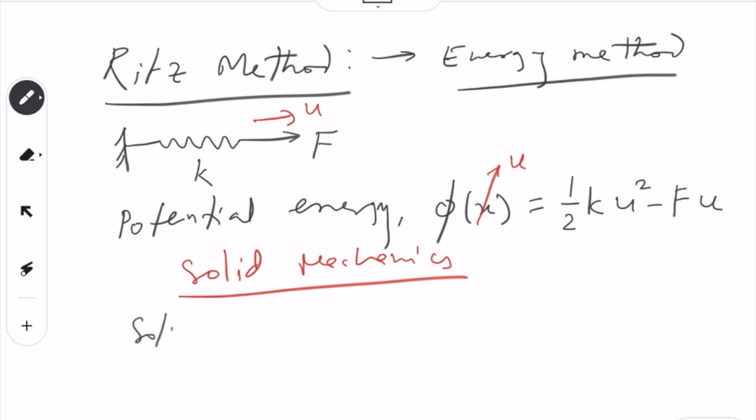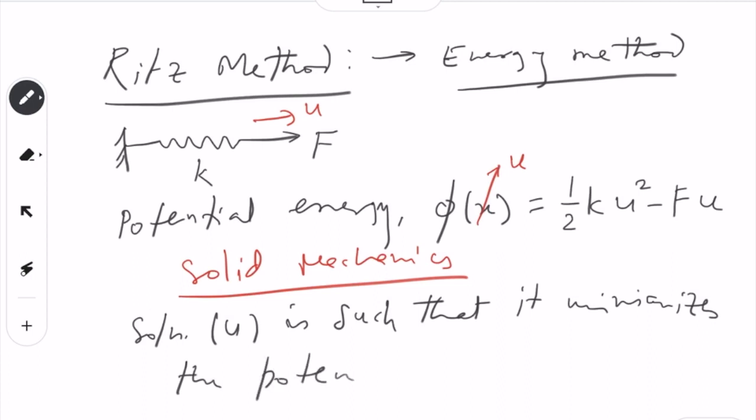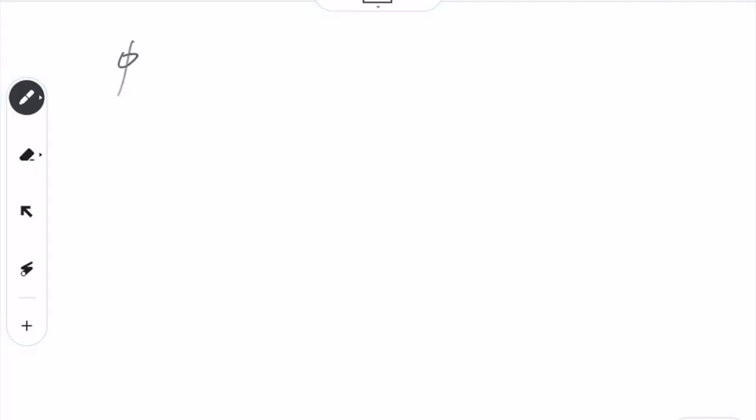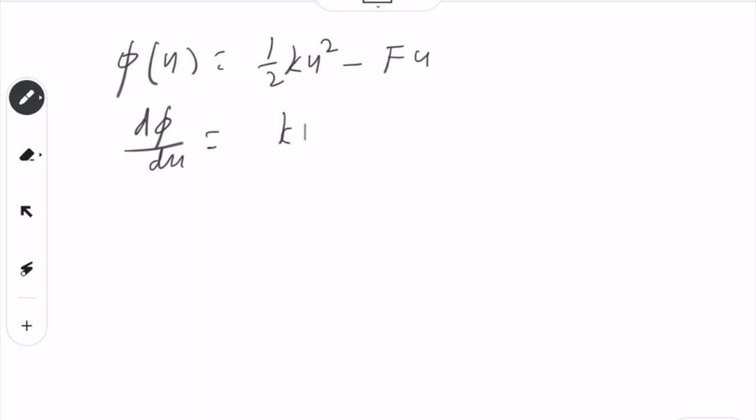So the solution u is such that it minimizes the potential energy phi(u). If phi(u) is equal to half k u square minus F u, then d phi over d u becomes k u minus F, which has to be equal to 0 for minimum phi, and hence you get F equal to k times u.